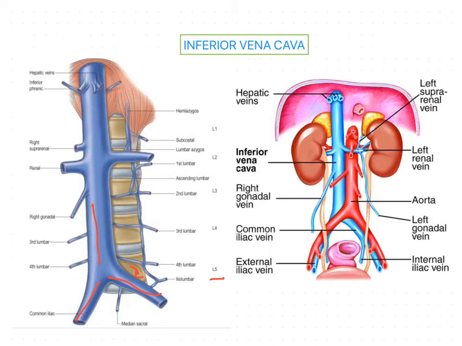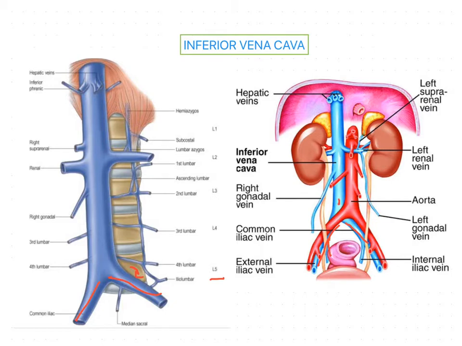The common iliac vein is formed by the union of the external and internal iliac veins. Here in this picture you can find the external and internal iliac veins forming the common iliac vein, and these common iliac veins unite to form the inferior vena cava.